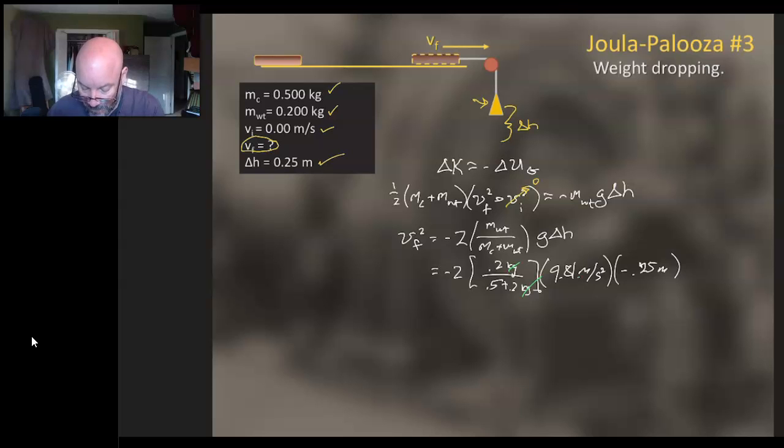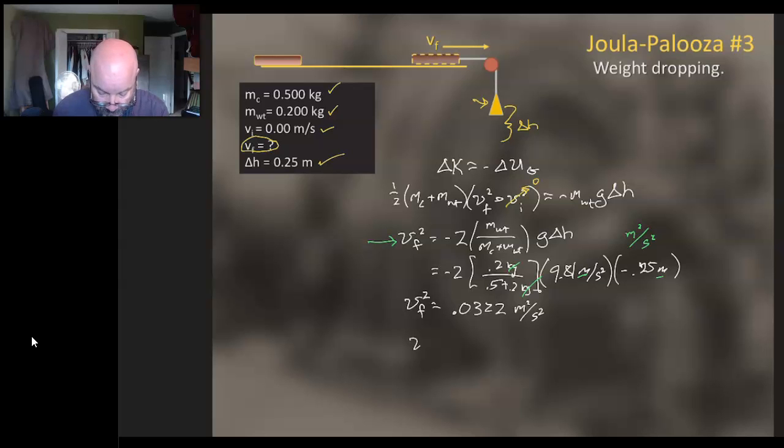This meter combines with this to get me meters squared over seconds squared, which is good because we've got velocity squared there, and so we're going to need that. Put it on our calculator, run the numbers, and what we get is 0.0322 meters squared per second squared.